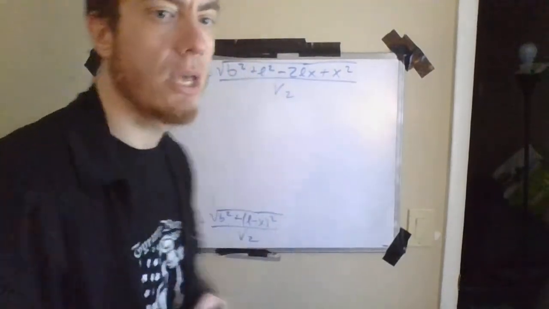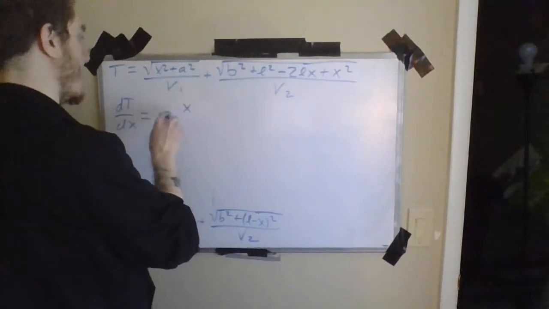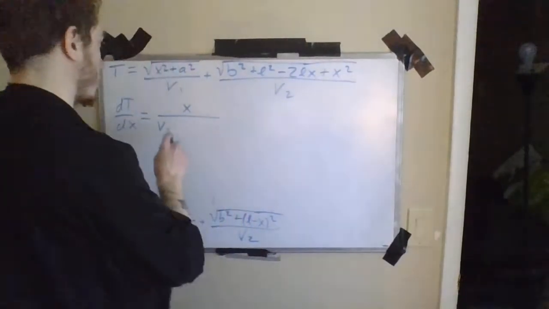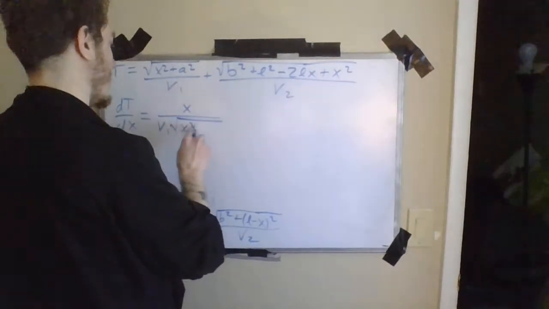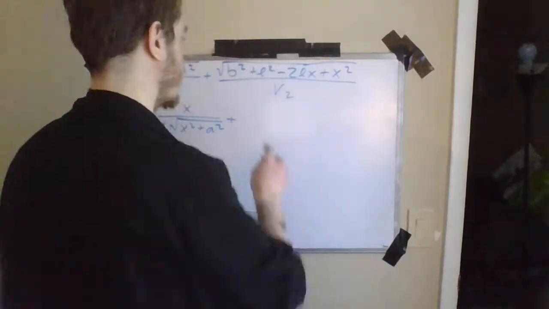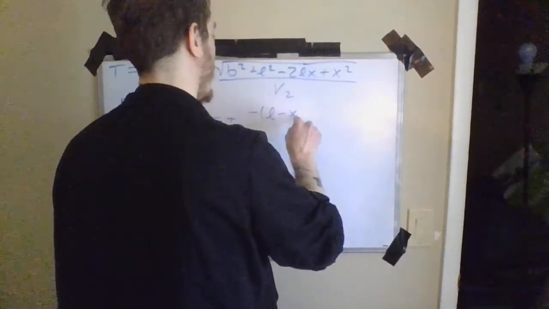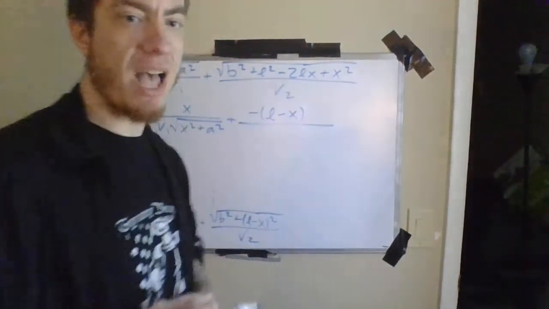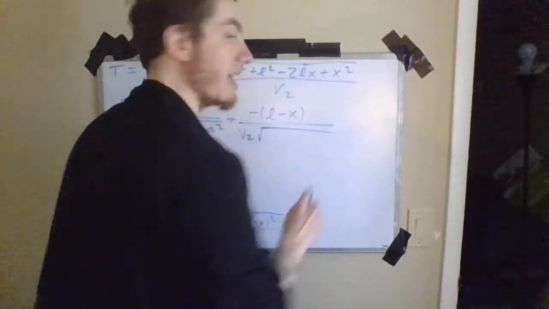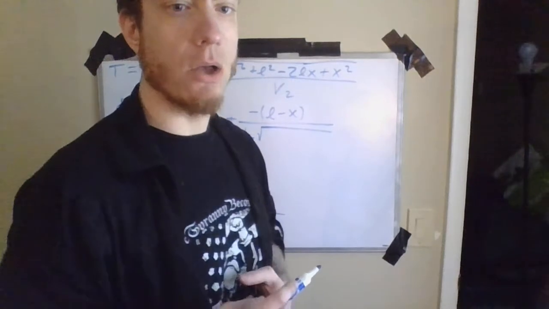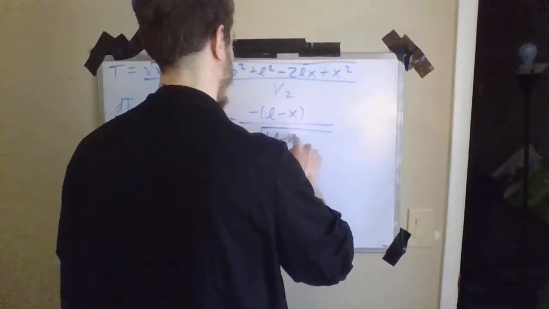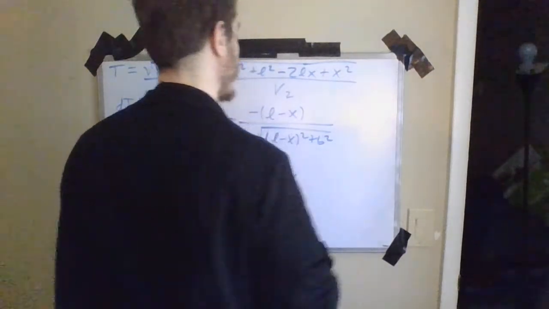When you do this, you end up with x divided by v1 times the square root of x squared plus a squared, plus negative L minus x divided by v2 times the square root of L minus x squared plus b squared.